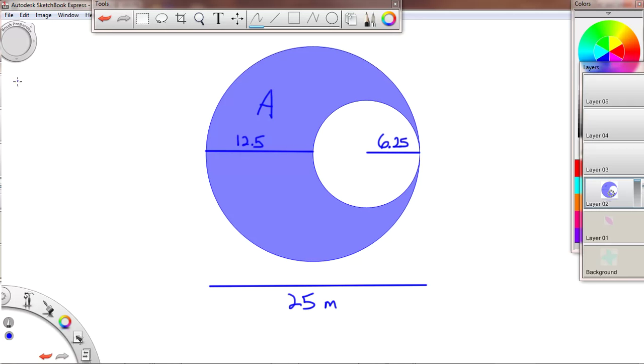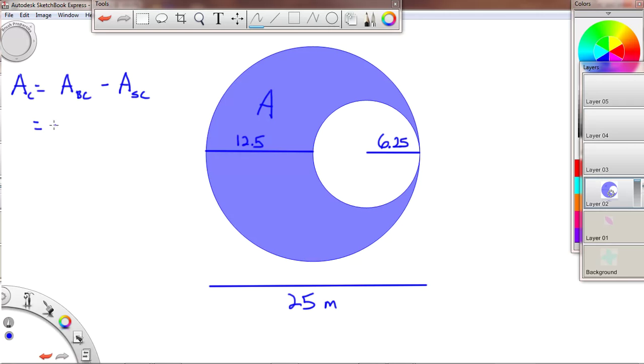So what I need to do to find the area of the composite shape is take the area of the big circle, and I'm going to subtract the area of the smaller circle. Okay, now let's come up with some formulas.